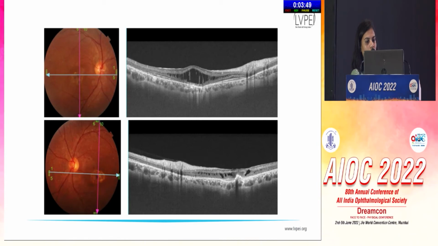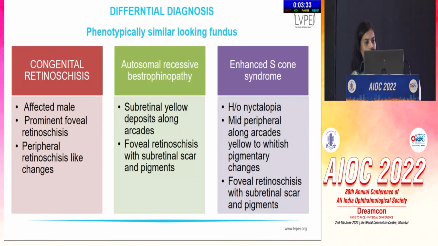The OCT in both eyes is again showing retinoschisis involving the outer nuclear and outer plexiform layer, and the subretinal scar which is seen as subretinal hyperreflectivity over here. So with respect to the symptoms, how the patient presented and these 3 investigations, what are we looking at? There are 3 phenotypically similar looking fundi which we are thinking of here.